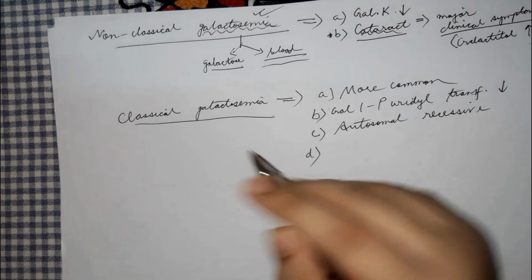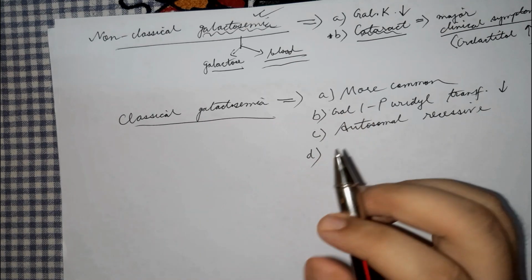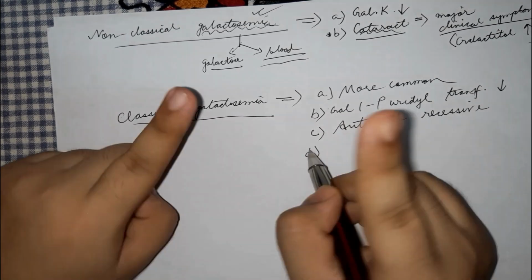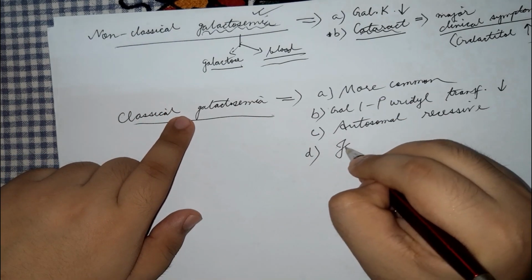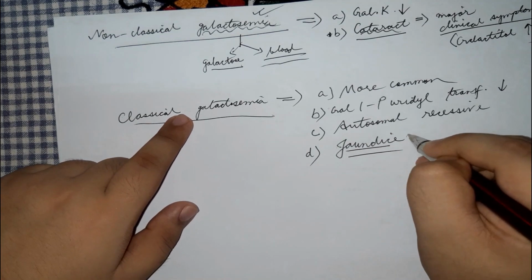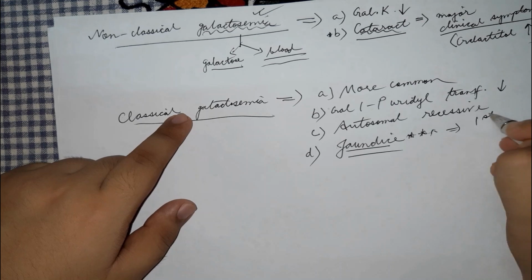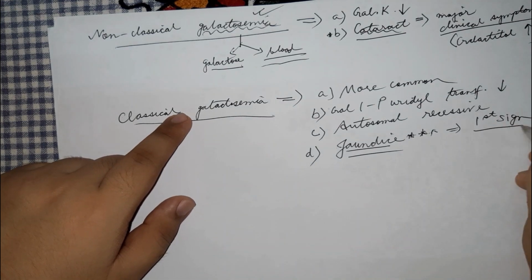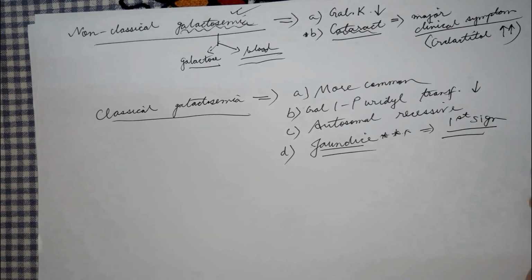So what are the symptoms of classical galactosemia? The first symptom and the most important symptom in classical galactosemia is jaundice. Very, very important. Jaundice is the first sign. Okay, it is the first sign in classical galactosemia.